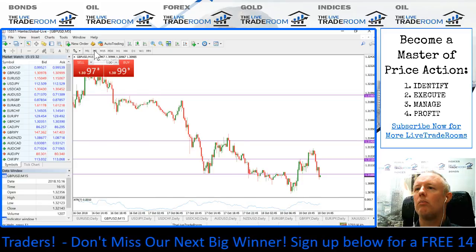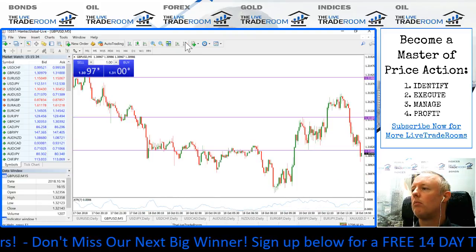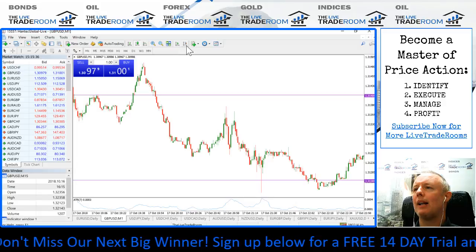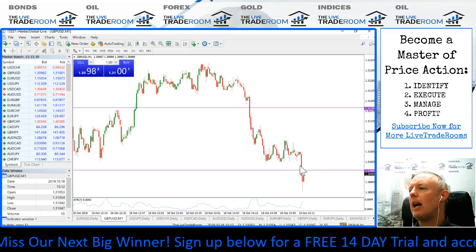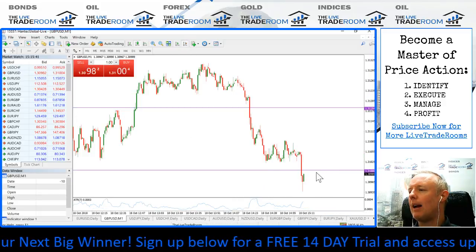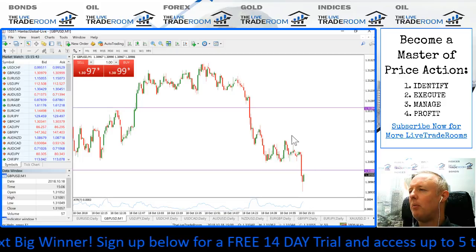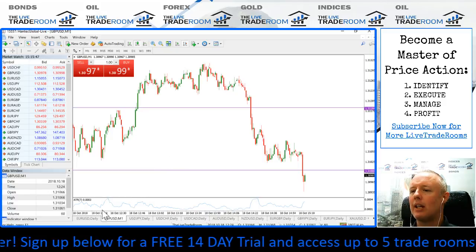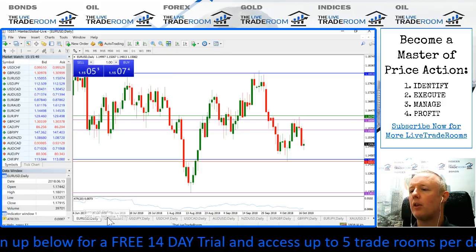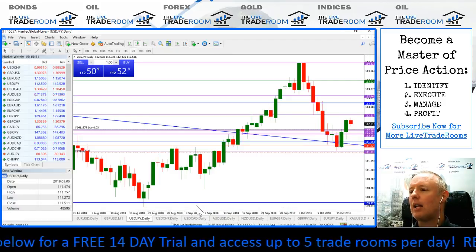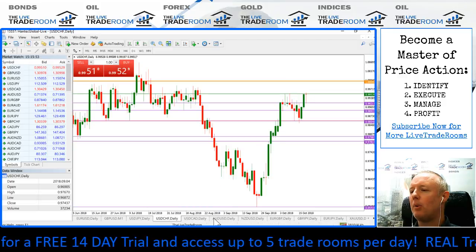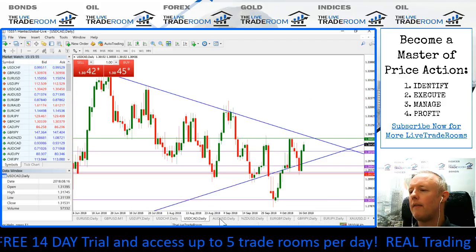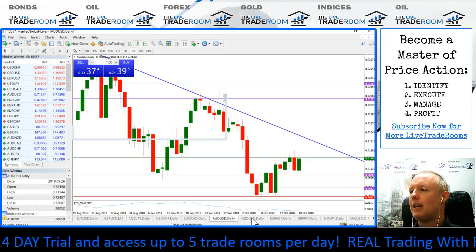So what we'd want to see is a pullback now, and maybe look to get into it around these levels. We would again have a relatively small stop loss, and if we start seeing some dollar strength start to creep in, it looks like we could potentially see a little bit more dollar strength start coming into these markets.